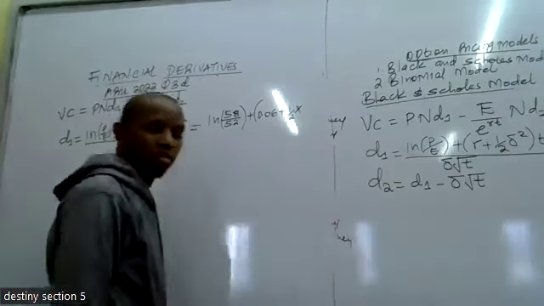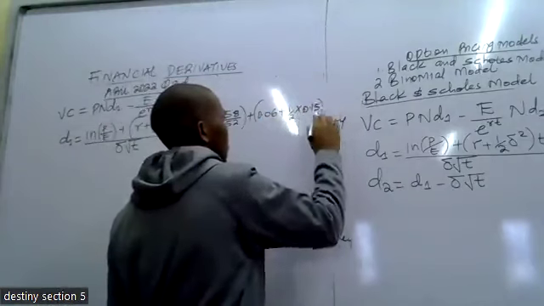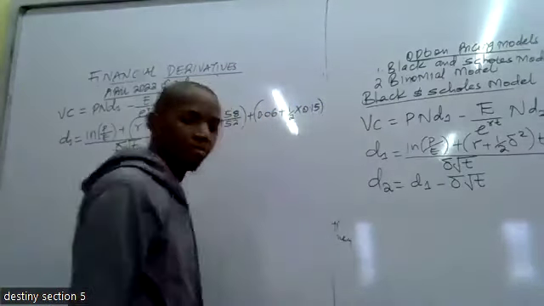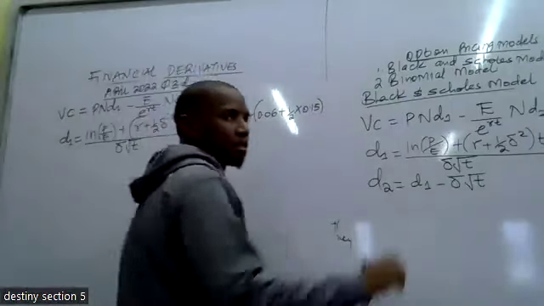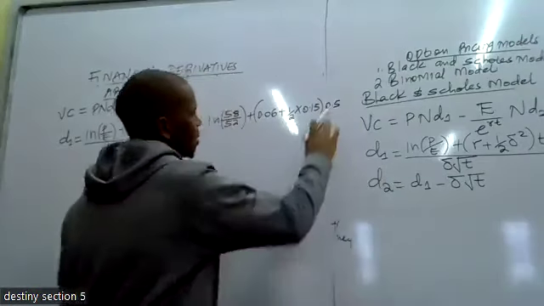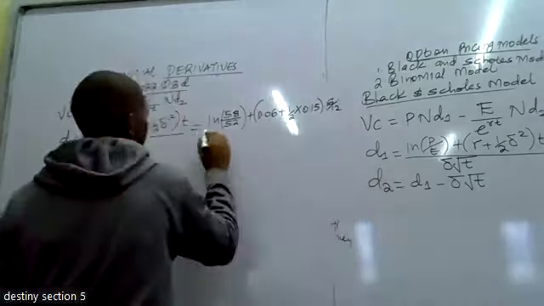multiplied by variance. We've been given 15%, multiplied by time. Time is 6 months, so that is 6 over 12, which is 0.5.